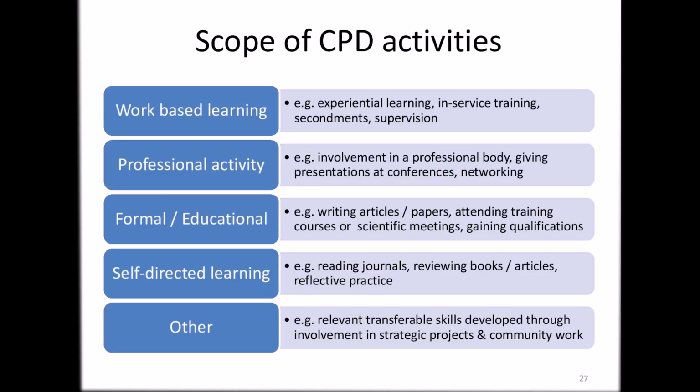I don't propose in the current presentation to go through those definitions and examples. You can read them at your leisure in the CPD policy. I would stress, though, that the principal value of the categorization is to demonstrate a broad range of activities that can be used to support your professional development.